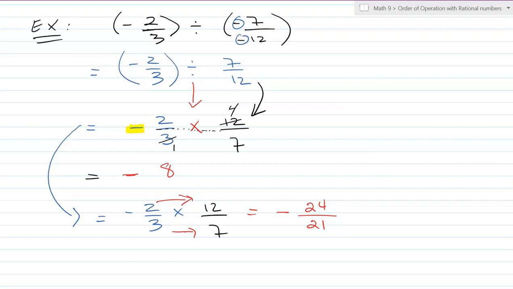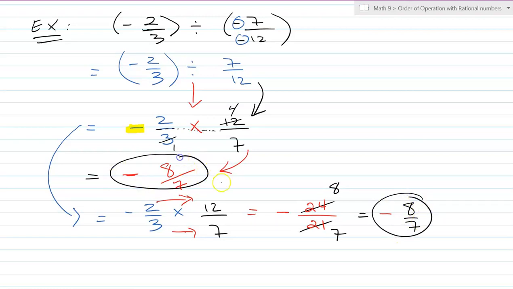Well, 3 goes into both. 3 goes into 24 eight times, and 3 goes into 21 seven times. So your final answer will be negative 8 over 7, which is the same as what we have there.